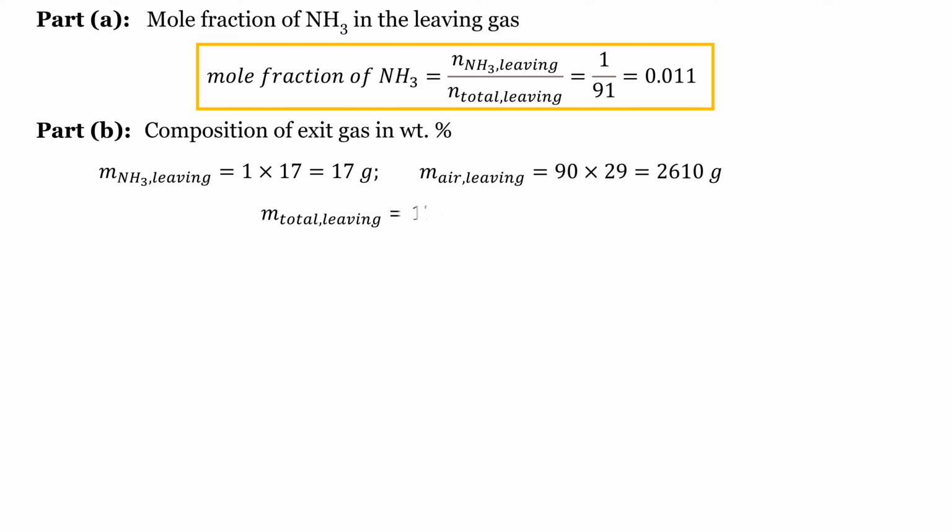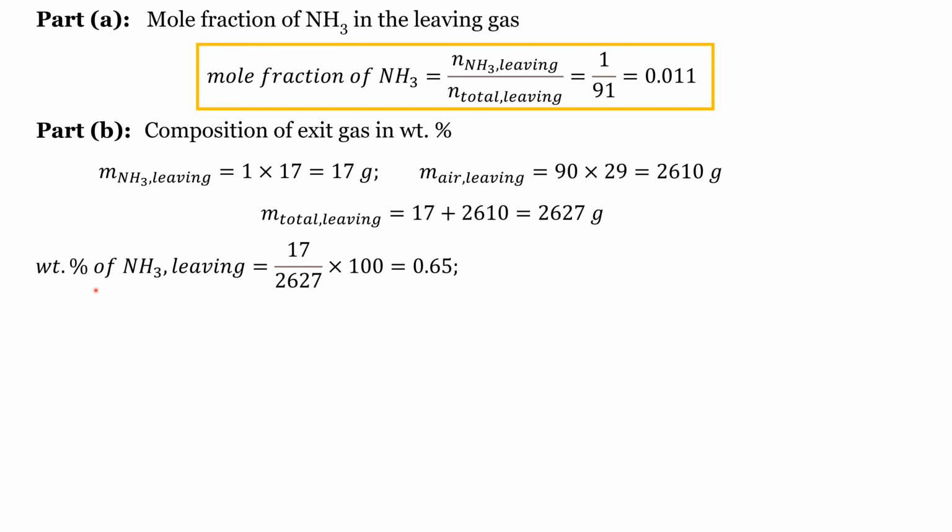So we can write total weight leaving equal to mass of NH3 leaving plus mass of air leaving. Now we can easily write weight percentage of NH3 leaving will be equal to weight of NH3 leaving divided by total weight leaving into 100, and it will come out as 0.65. In the same way, weight percentage of air leaving can be estimated.